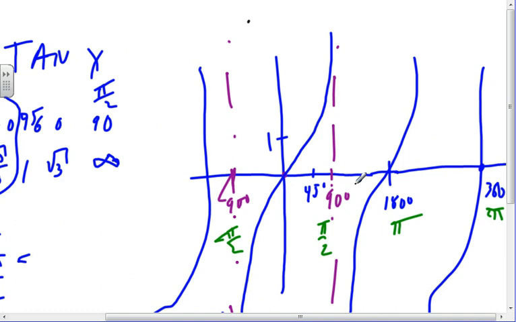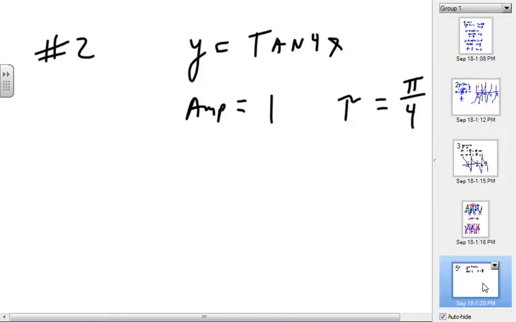So its period would be pi, so that's why we only have pi over b if it was bx for the period of a tangent curve. All right, so that's what it's going to be. Okay, so we got it.